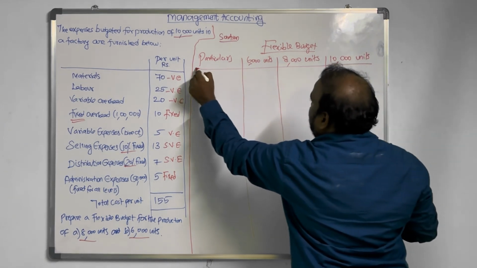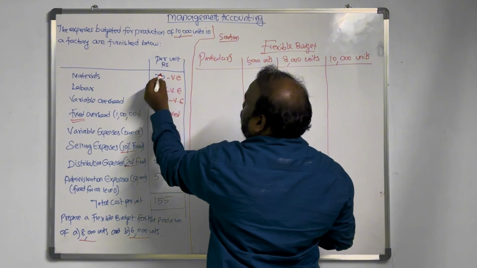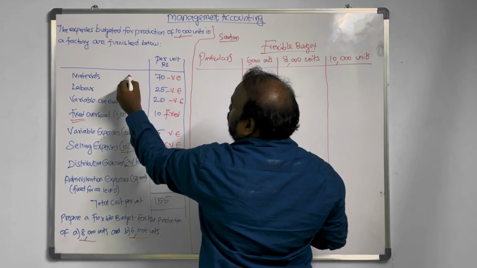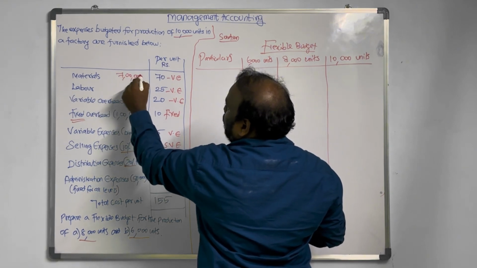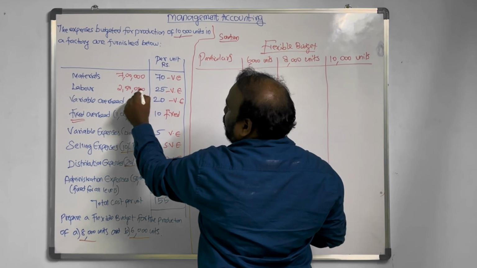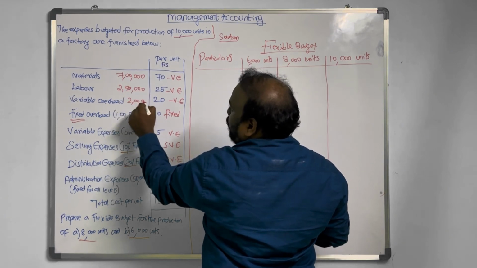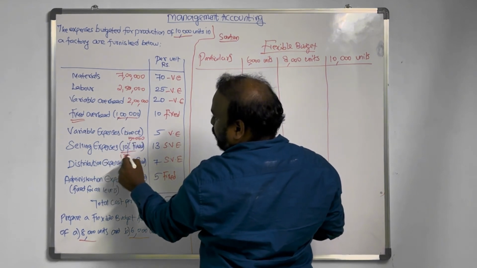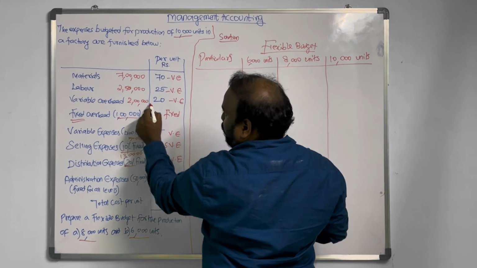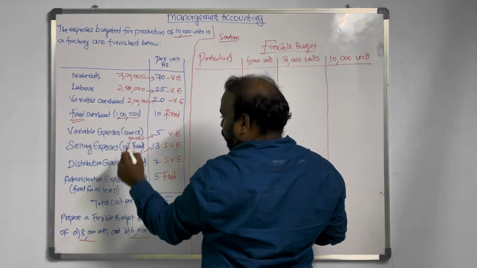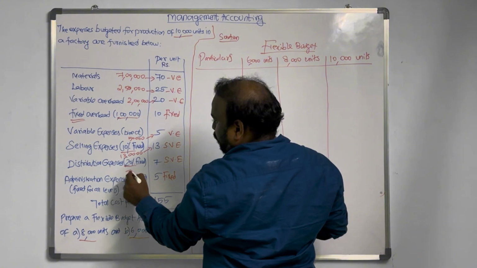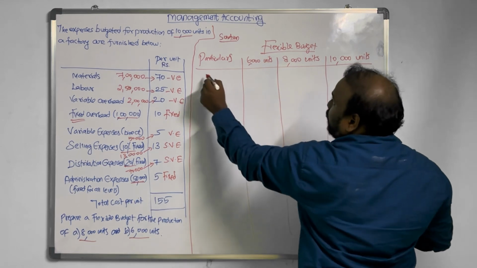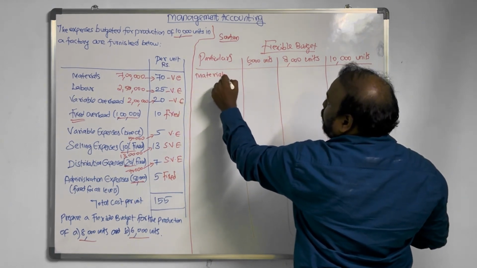Before that, you just multiply everything with 10,000, because 10,000 units is given, so it becomes 7 lakh, it becomes 2,50,000, it is 2 lakh, it is 1 lakh, you can take directly, it is 50,000, it is 1,30,000, and this is 70,000, this is 50,000, amount is given directly. Just write materials 7 lakh.